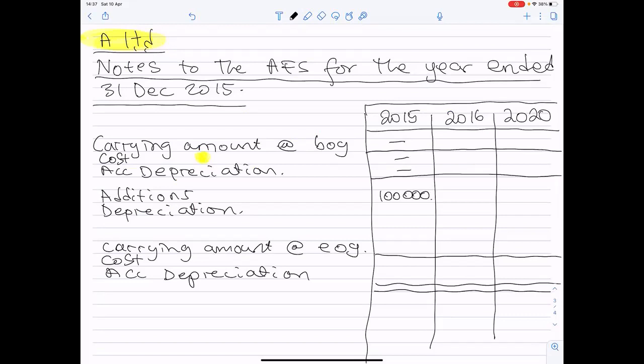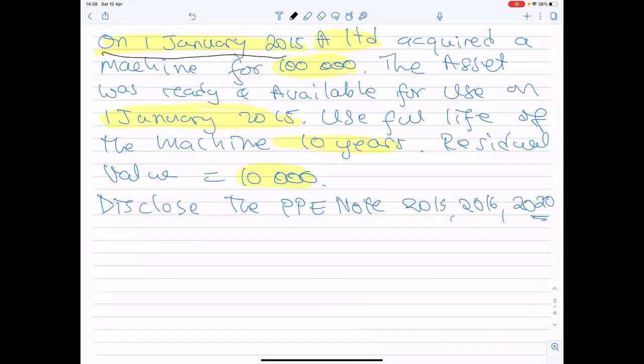Whatever we put at the beginning of the year is what was there in the previous financial year, and it is being carried forward to the current year. Do we understand? Yes, sir. All right. So our addition is going to be 100,000, which is the cost of the asset.